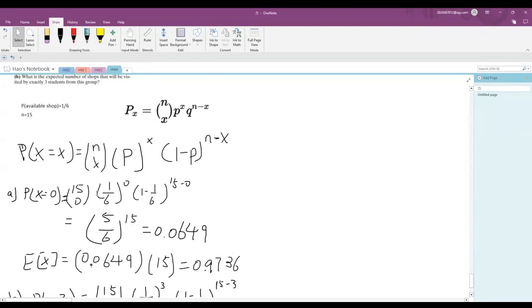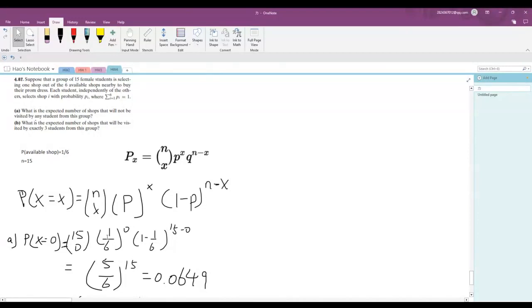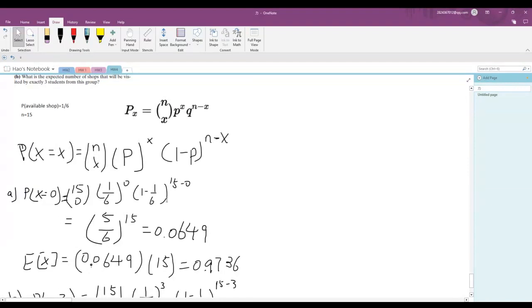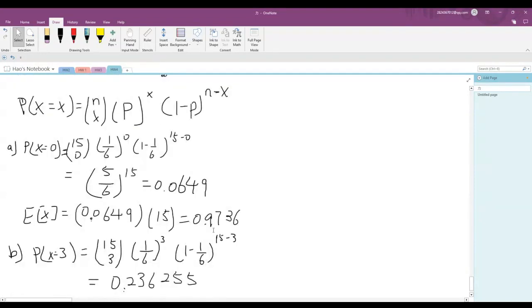So you plug in, because there are 15 students choosing, so it's 15 choose 0 students going to choose a shop, and they were choosing 6 of it, and then 5 out of 6 left. You put it in, you get 0.0649, and the expected value will be the answer times 15 to get 0.9736.